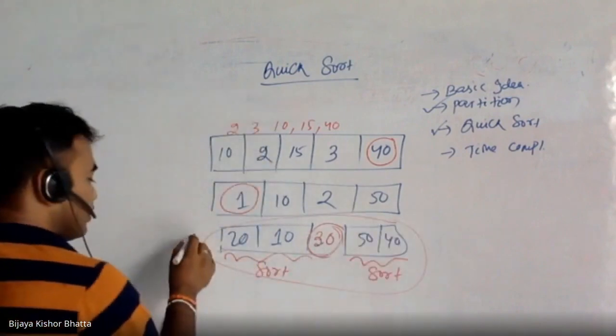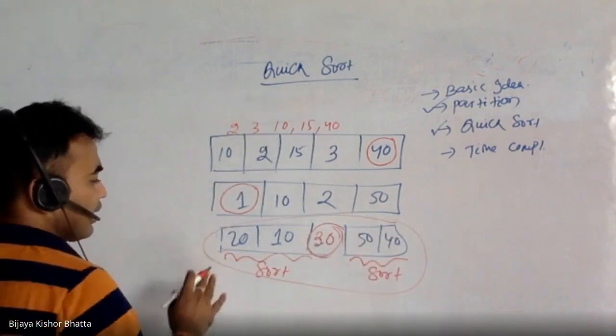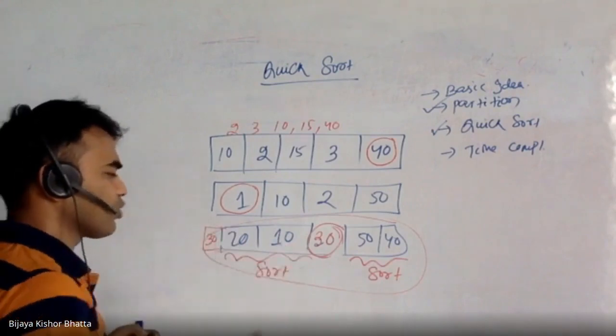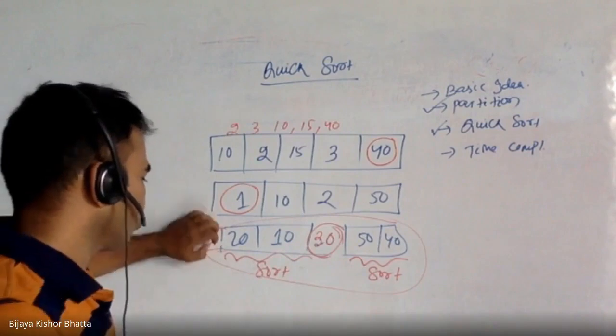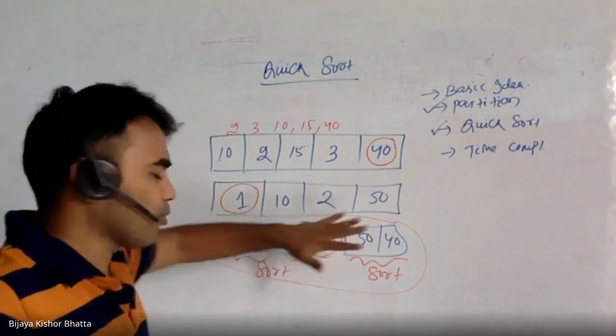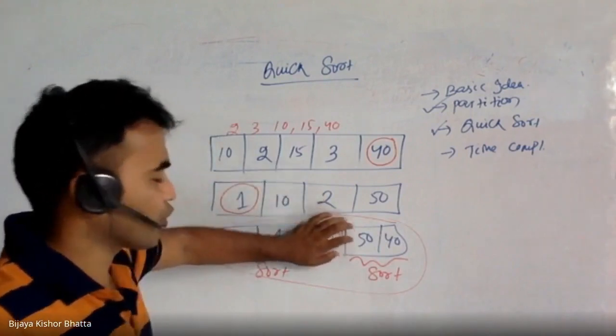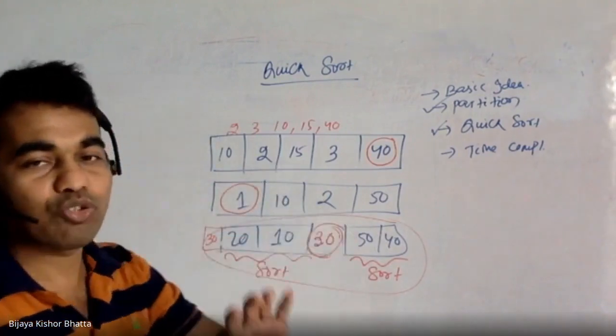That means you choose any element, from the beginning or at the last, or you can choose randomly. You choose one element, do some operations, which we'll see, and try to place it where it actually belongs in the sorted form.